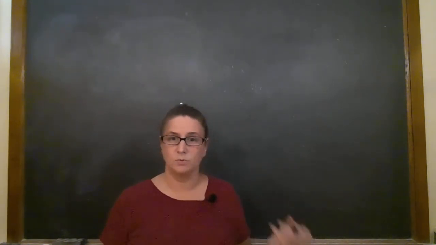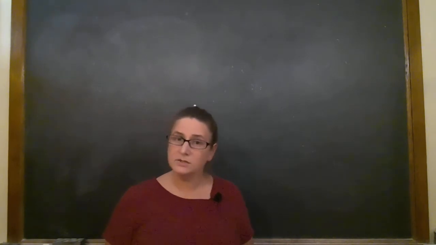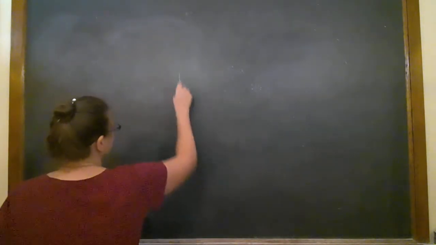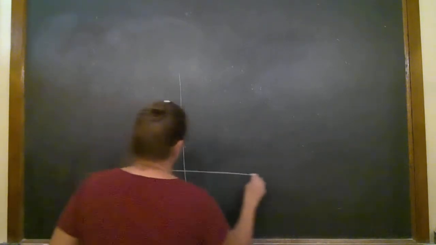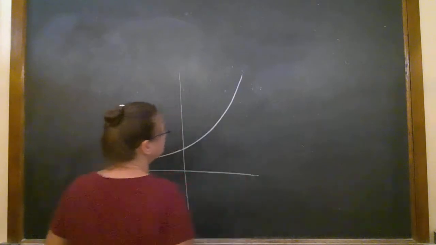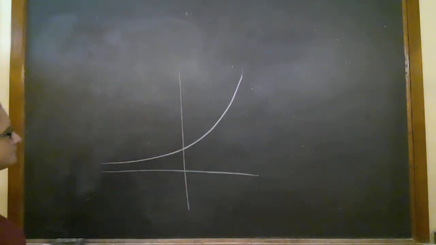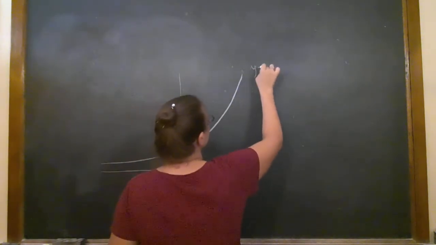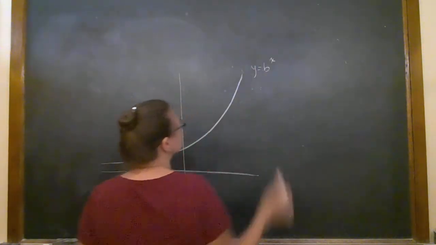It comes up as an important limit, and it also comes up when taking derivatives, and I wanted to just point this out. Let's take this: y equals b to the x, right?